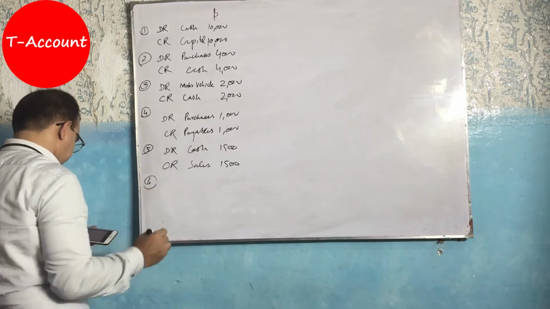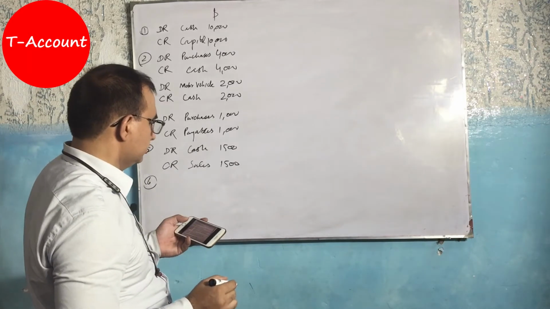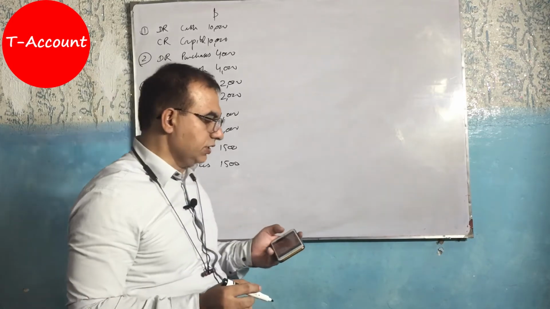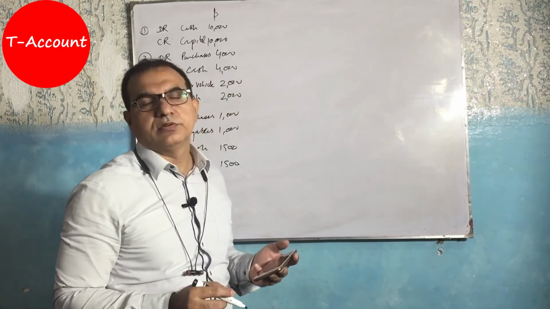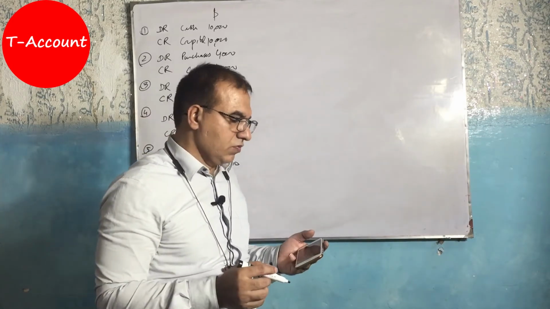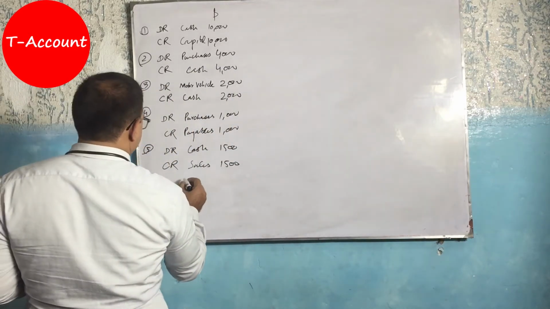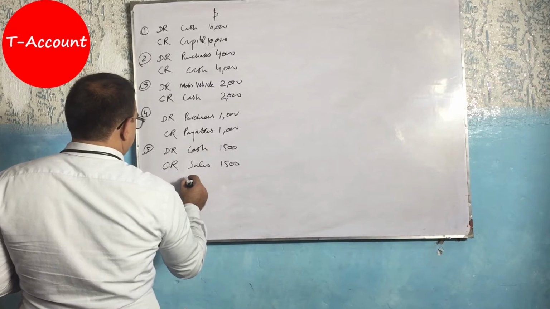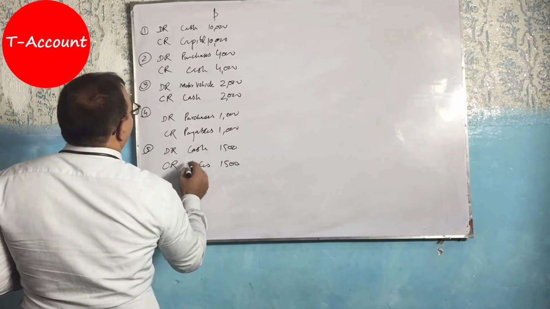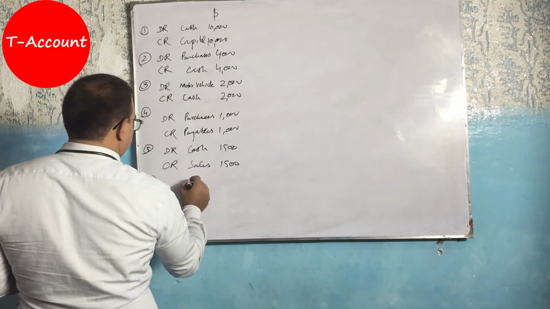6th, sells all his remaining goods for 5,000 on credit. Now this sale is not for cash, it is on credit. We had payables, now we are getting receivables.